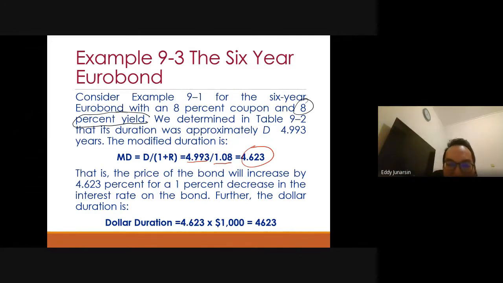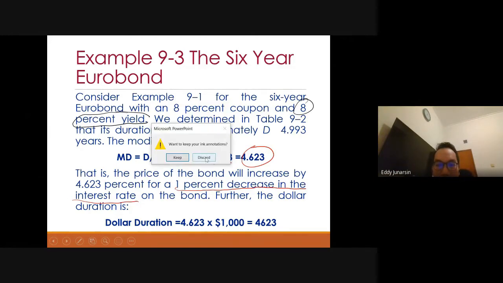So what is our projection? Now the projection says that we are afraid of a decreasing interest rate by 1%. Now we know the modified duration.